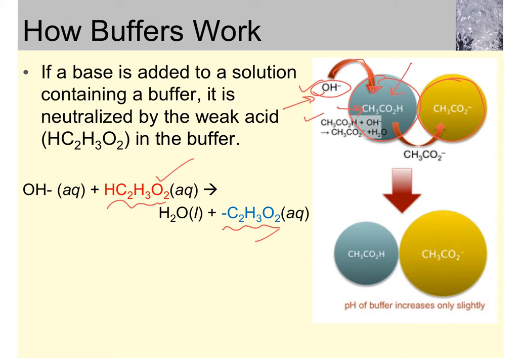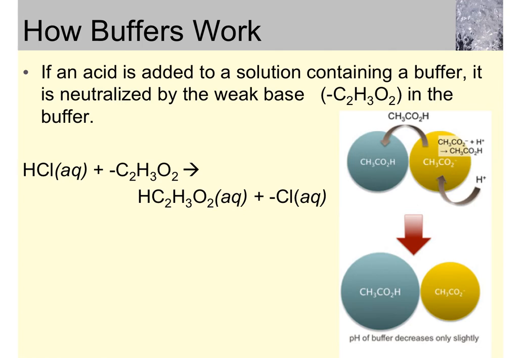If you were to write out that reaction, the product, in addition to just water, is the conjugate base of the acid that just reacted. So you are simply making more of the other component of the buffer. If that doesn't make sense right away, look at it for a moment or a couple moments and see if you can get it to make sense, because that's important in understanding how a buffer works.